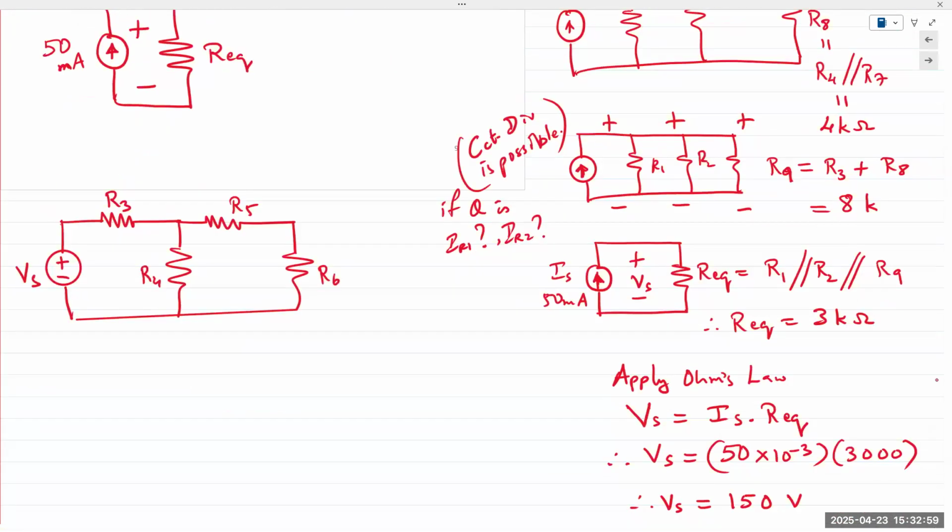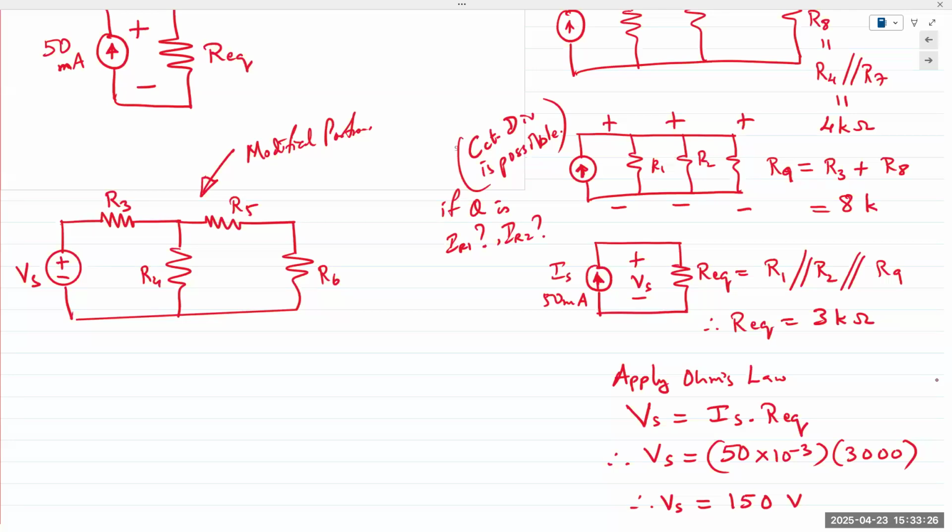Yeah. From the original circuit. From the modified portion. Not even actually modified. We're just looking at the right side of the circuit.